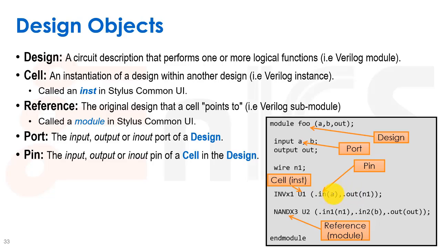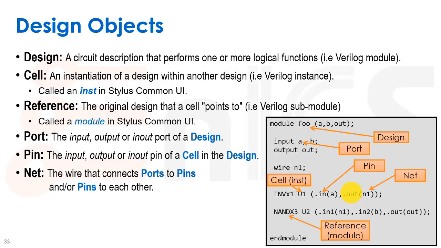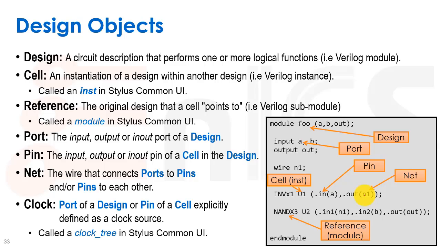In and out are the pins of this U1 instance. Okay, N1 is one of the wires of the design. It's called a net. And finally, we have a special net that's called a clock. We also call it a clock tree in Cadence, and we'll discuss the clock often.